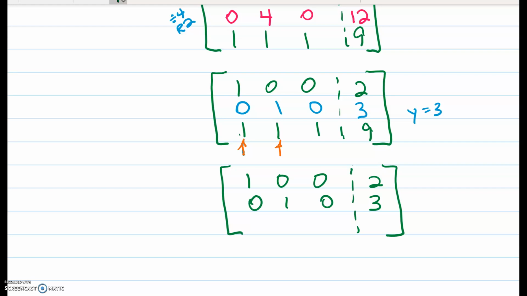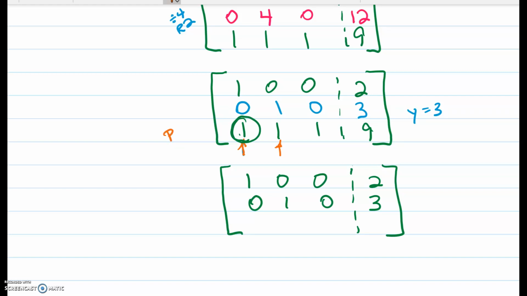Now I need to do something to either row 1 or row 2, and do something with row 3. I'm going to start with changing this number right here to a 0. Okay, and here's what I can do.